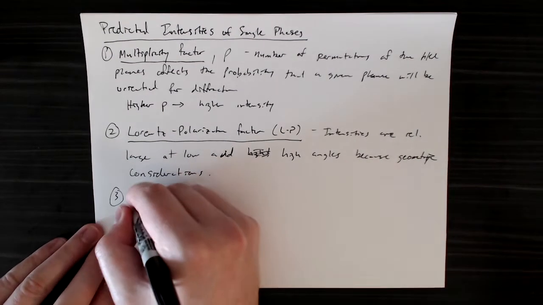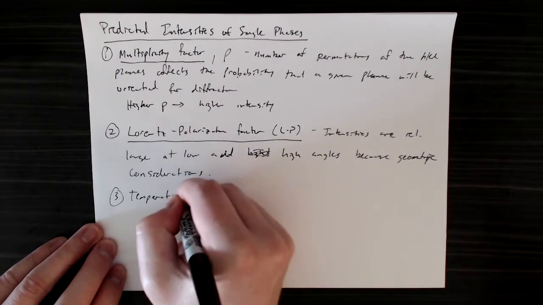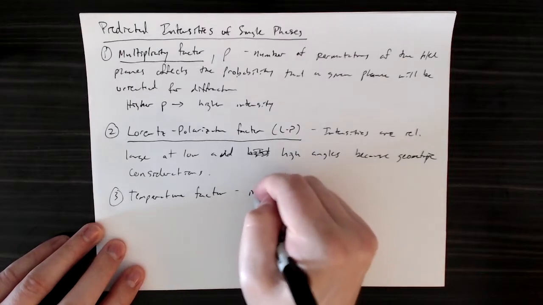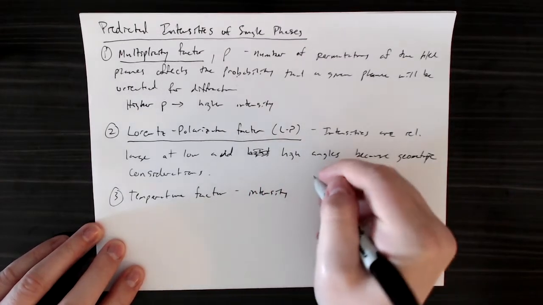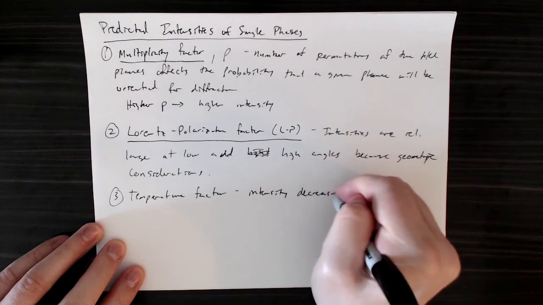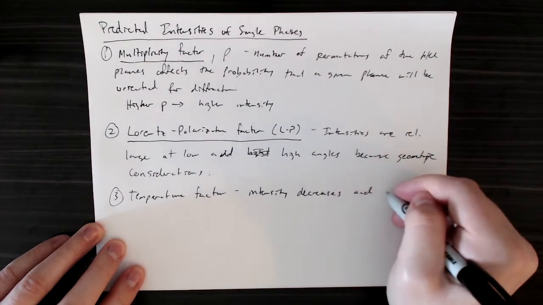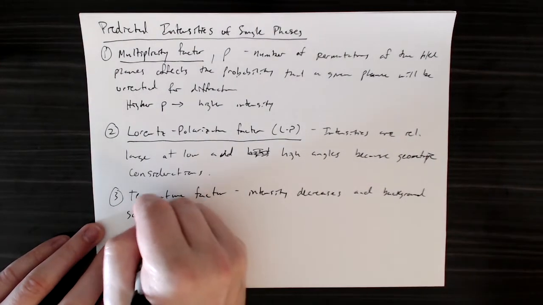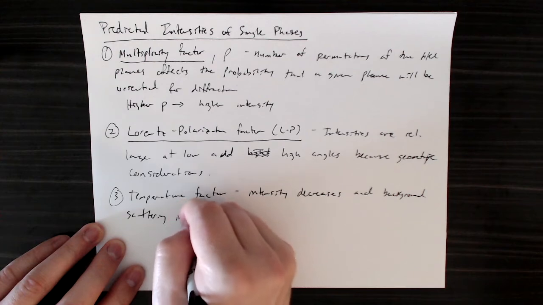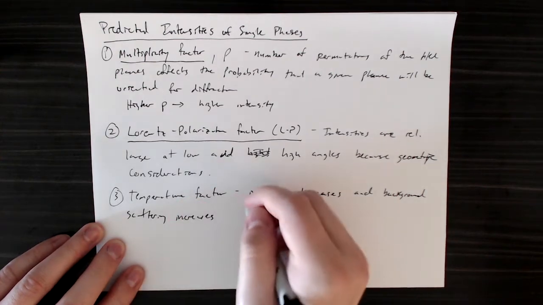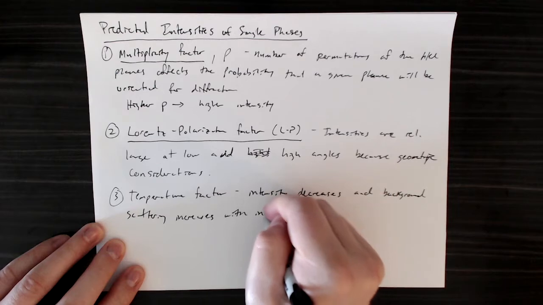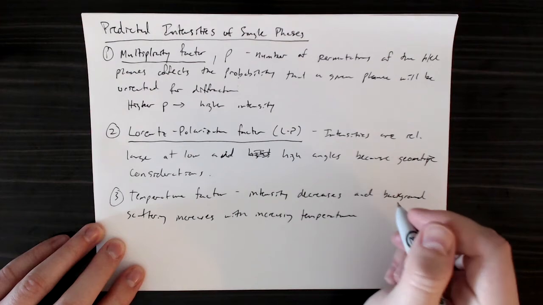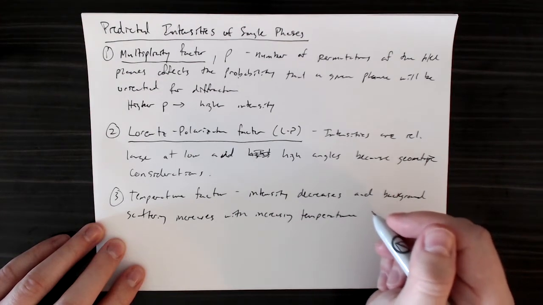The other term is the temperature factor. What we see is that the intensity decreases and the background scattering increases with increasing temperature. That's why we name it the temperature factor.